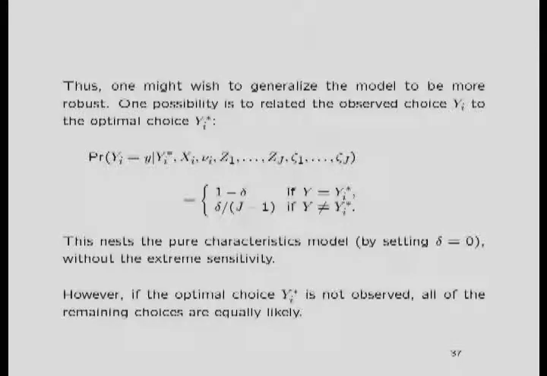One way is to just say, if there's measurement error, you would get one of the other choices. You would observe one of the other choices randomly chosen from the overall set of choices.